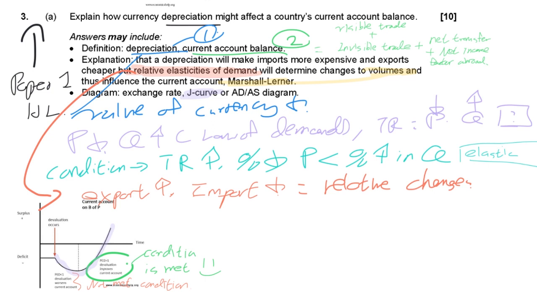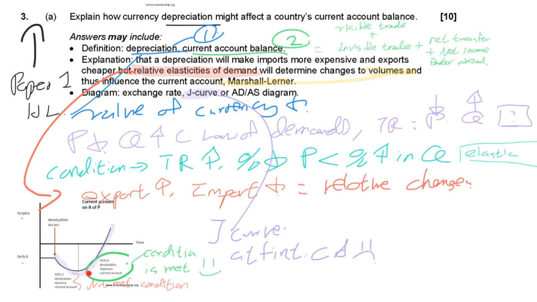I will put down the details. According to the J curve theory, at first the current account would suffer from unfavorable balances. But as time goes by, people realize that there is now a depreciation.